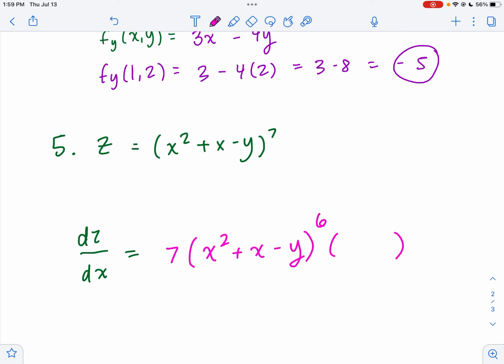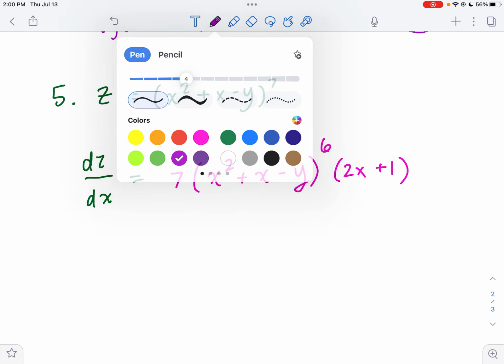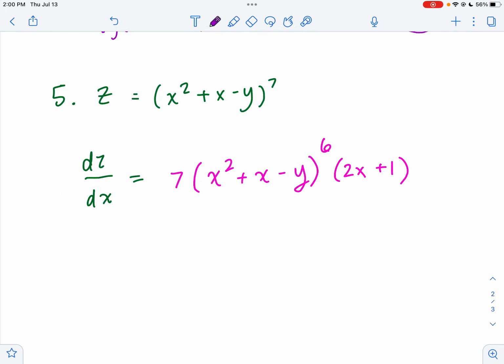So again, not ignoring y, but in this case, because y would just be a constant, we essentially ignore y. So we end up with 2x plus 1, because we get x squared, 2x, and then the derivative of x would just be 1, right? Because y is a constant, it'd be plus 0. This really ends up being our answer. You might reorganize things to make them look like in increasing order, but in general, that's what we're looking at.